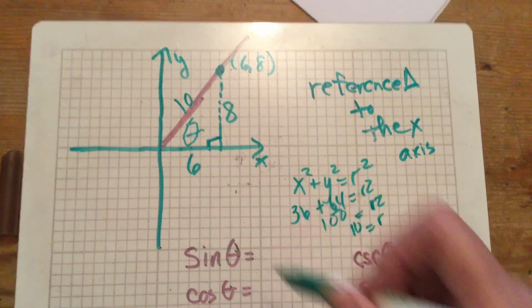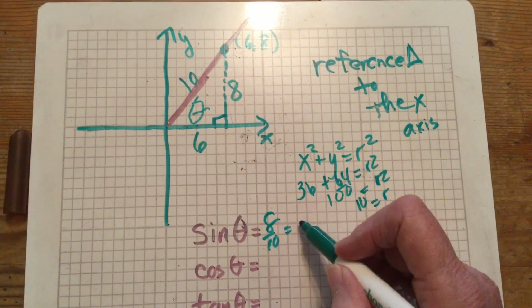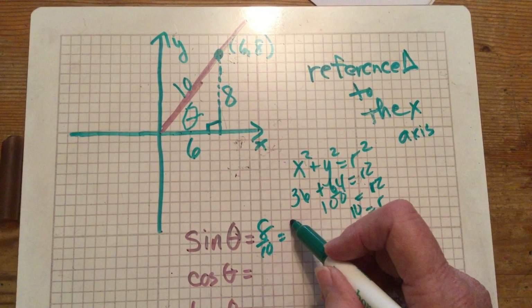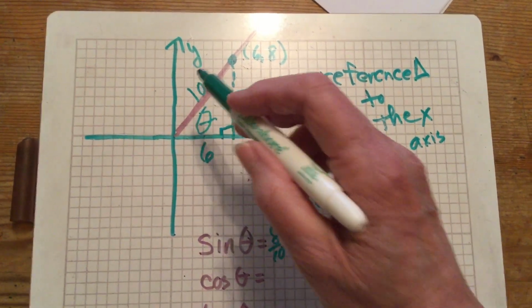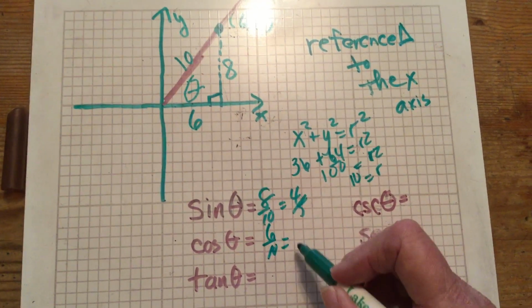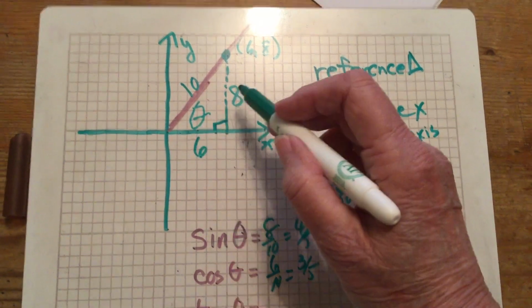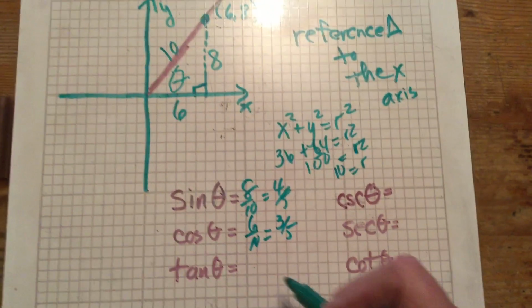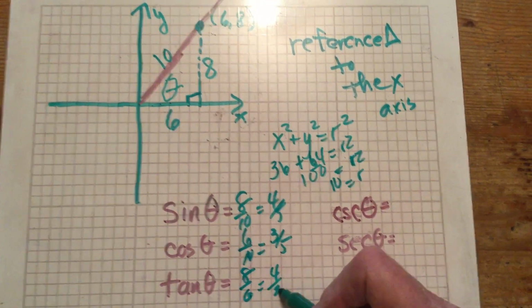Sine is opposite over hypotenuse, so the sine is 8 over 10, which would reduce to 4 over 5. Cosine, CAH, adjacent over hypotenuse, that's 6 over 10, which would reduce to 3 over 5. TOA, tangent, opposite over adjacent, that would be 8 over 6, which would reduce to 4 over 3.